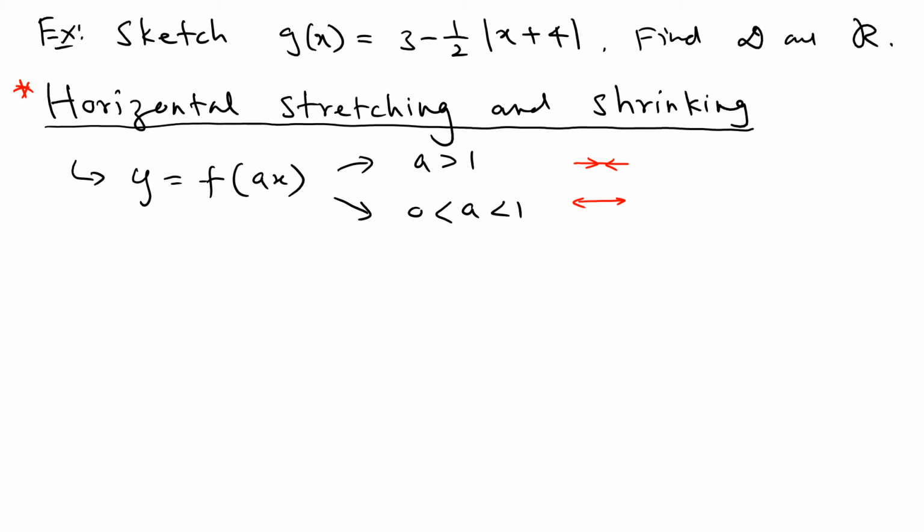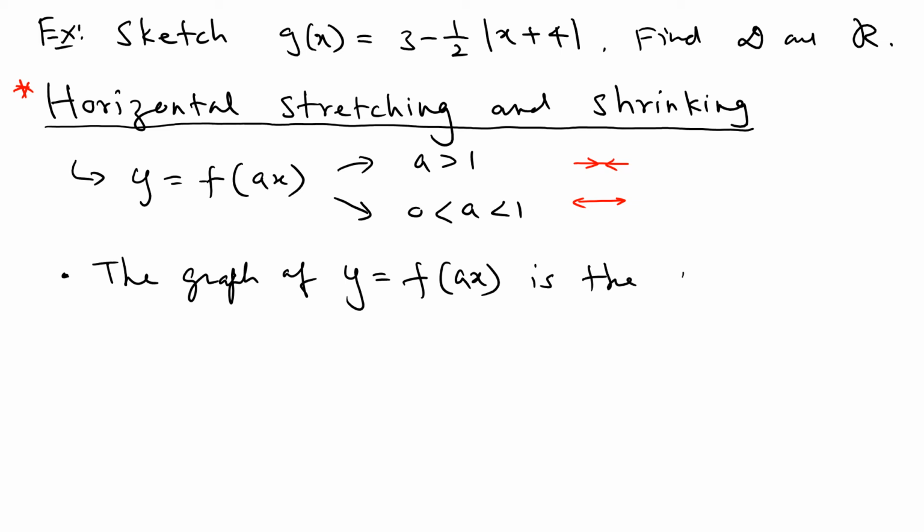So let's write it in words. The graph of y = f(ax), which is inside, that means horizontal changes, is the graph of y = f(x).